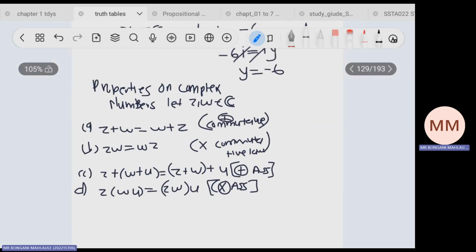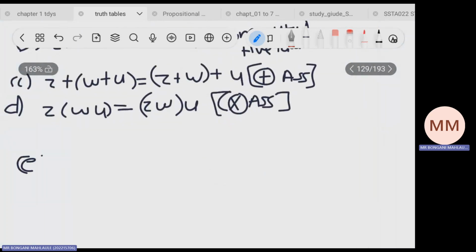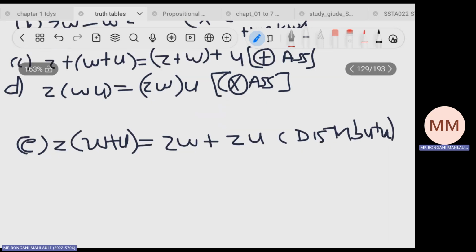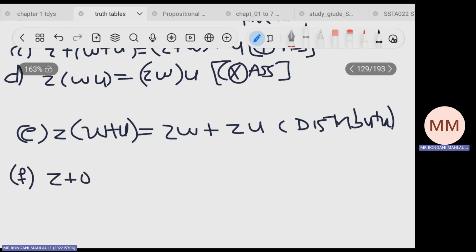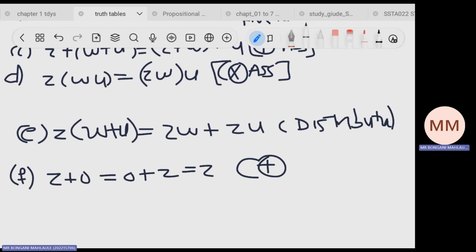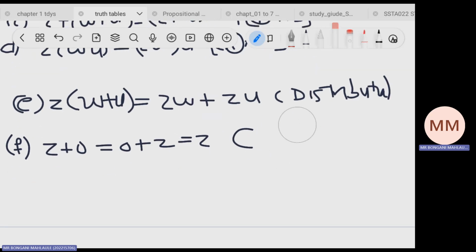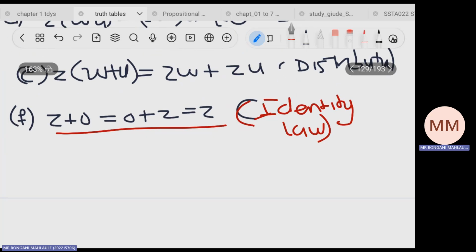So I'm trying to summarize this quickly. Then E. So this one will be distribution law. By the law of distribution, then you also have z plus 0. It's the same as this. So this is by addition law, or we can say it is the identity law. By the law of identity, this is equal to that.